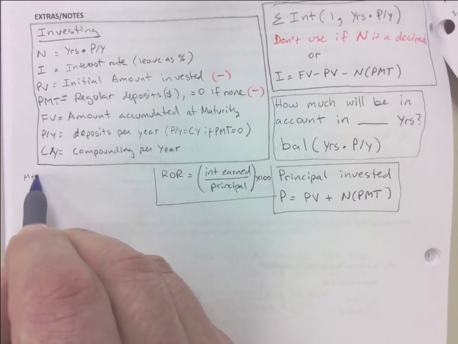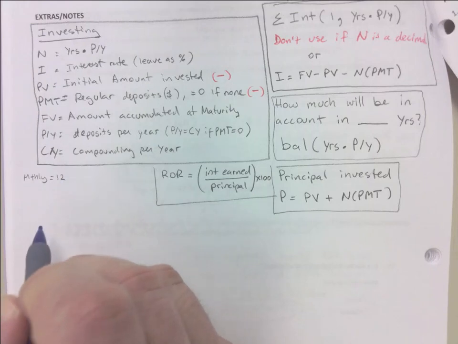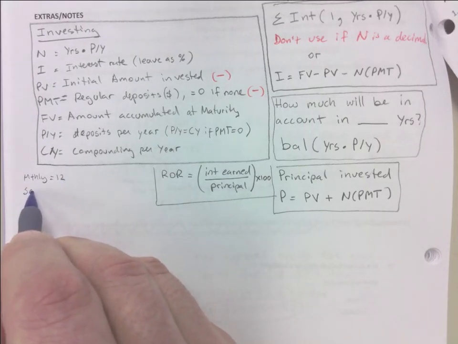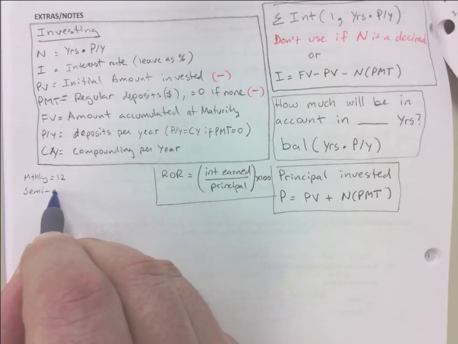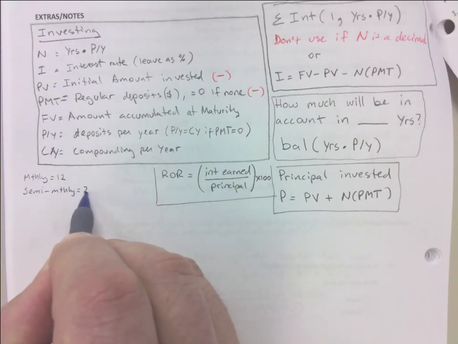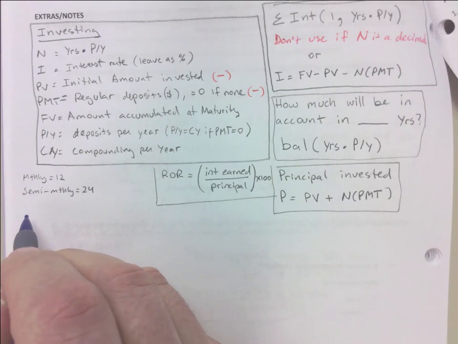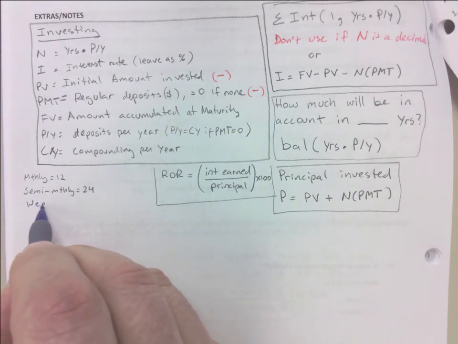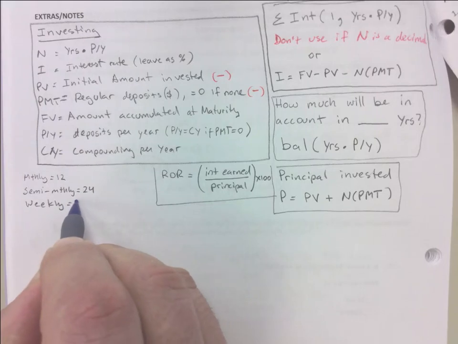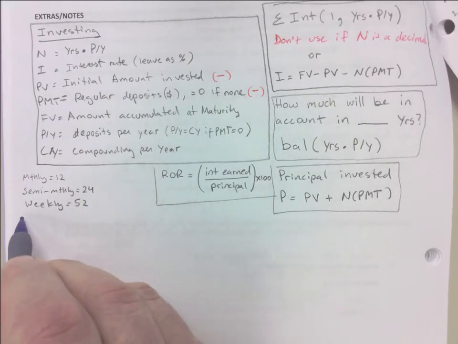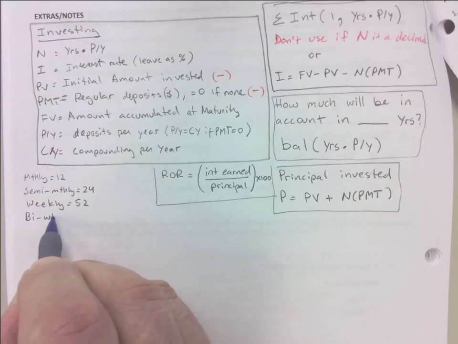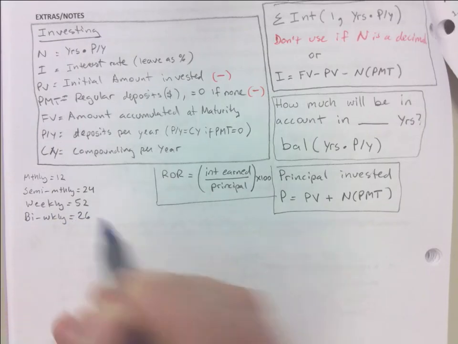But monthly is 12. Semi-monthly is 24 a year. Weekly is 52. Bi-weekly is 26.